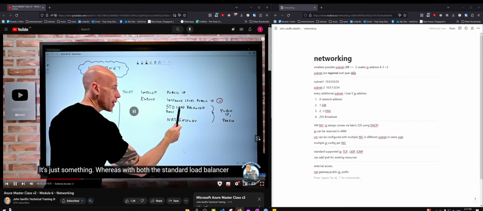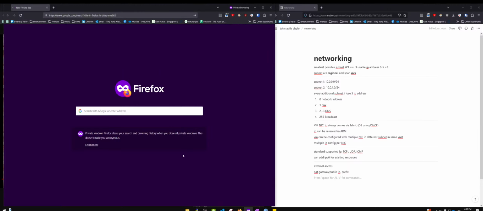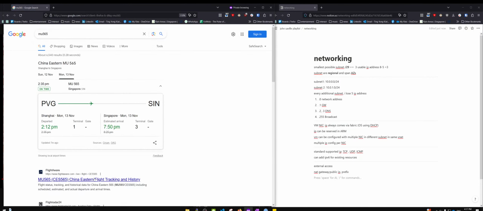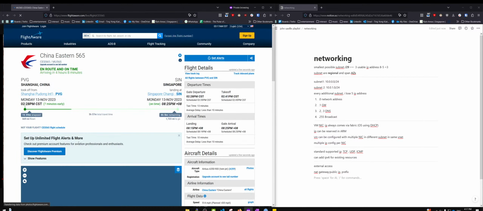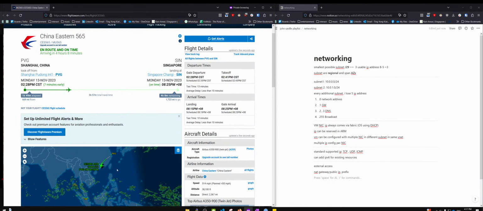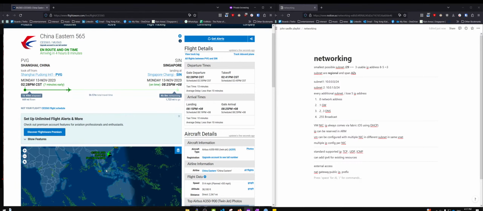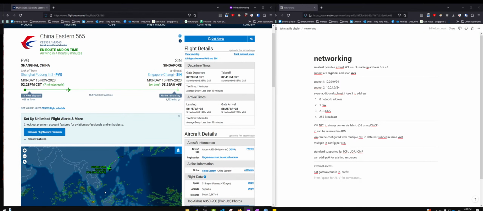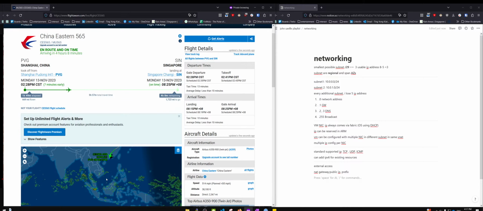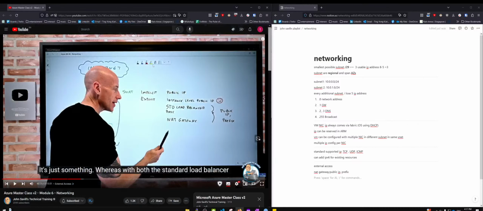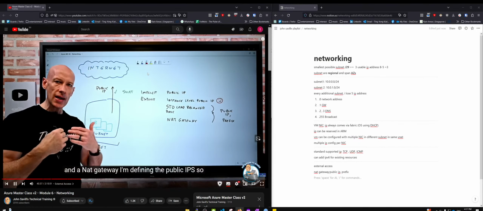Whereas with both the standard load balancer and a NAT gateway, I'm defining the public IPs.